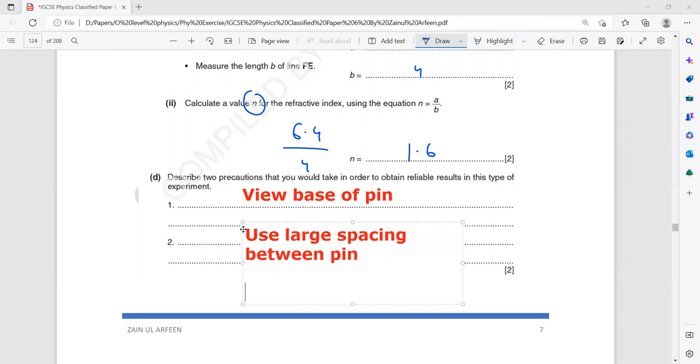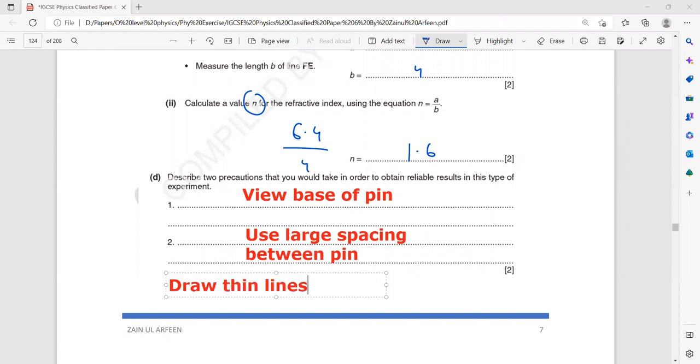Or only two they ask, but you remember, draw thin lines when you're tracing the path. So these are the precautions we should take for reliability, or repeat the experiment with different angles for more accuracy.